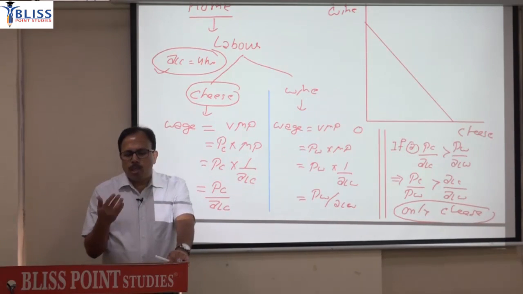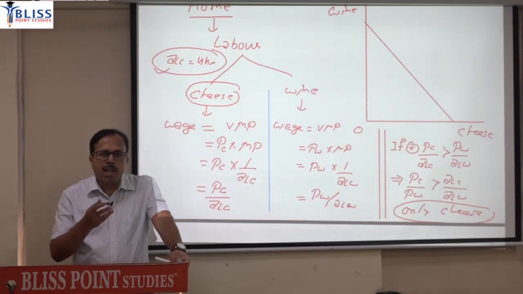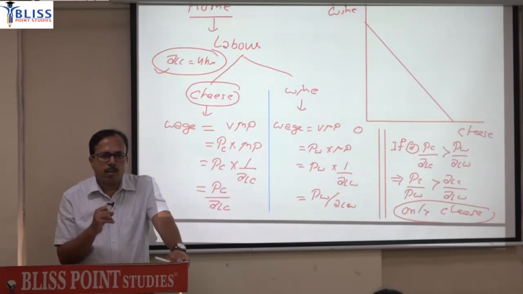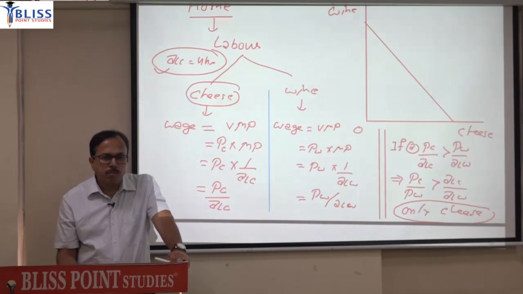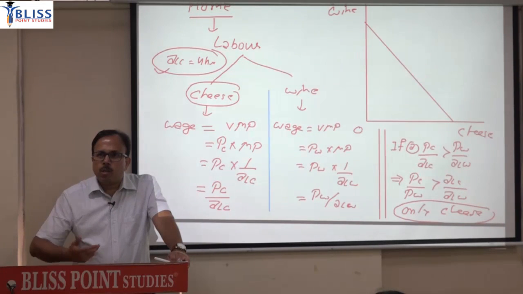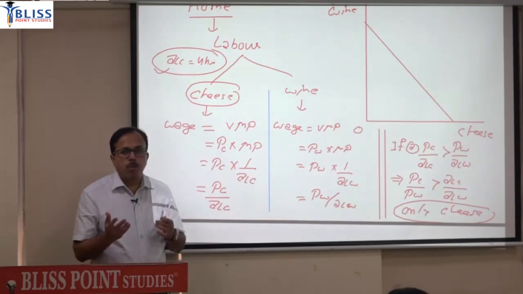A country can produce only cheese or only wine only when there is trade. If there is trade, you can produce only cheese, export the surplus cheese and get wine. But if the country is not trading, then it is isolated. Being isolated, the country must produce both goods. But when can the country produce both goods?